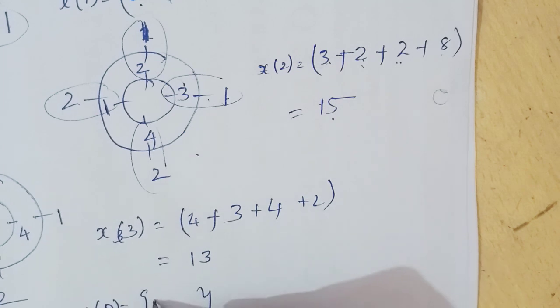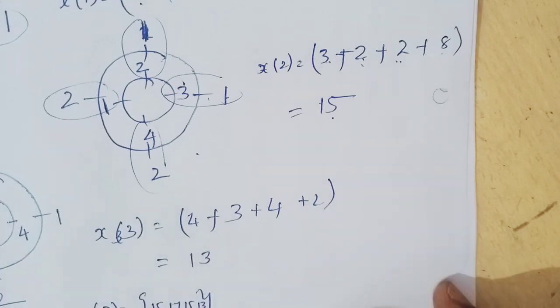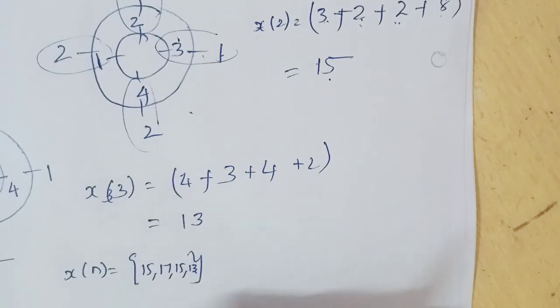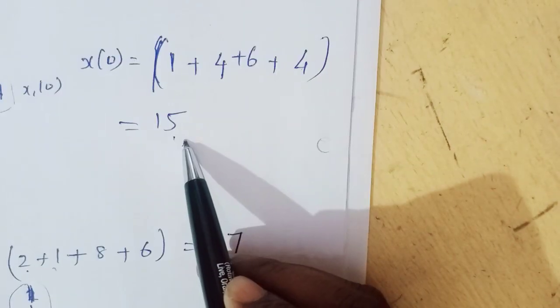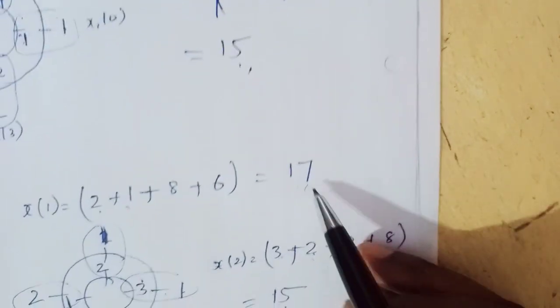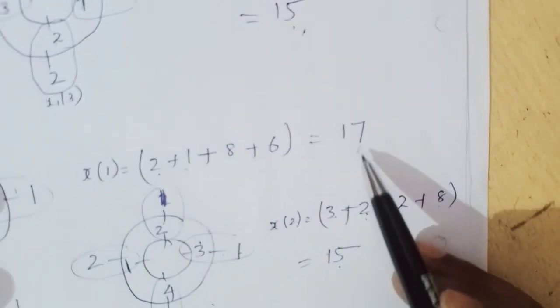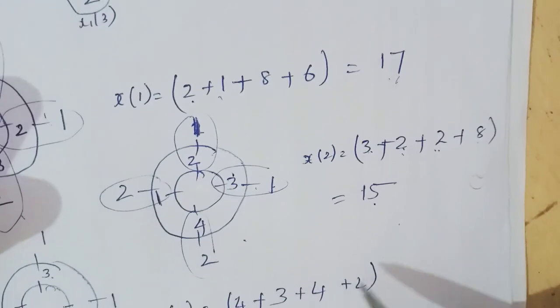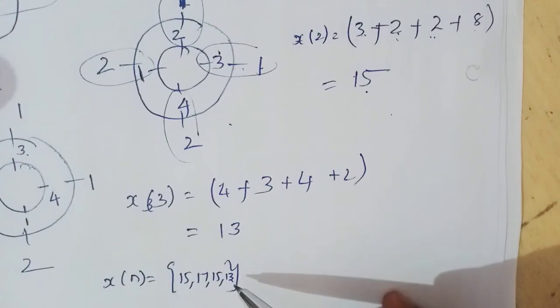I'll write it: 15, 17, 15, 13. So this is your final line. Before the shift we had 15, then we had a value of 17, again we had a value of 15, and again we had a value of 13.